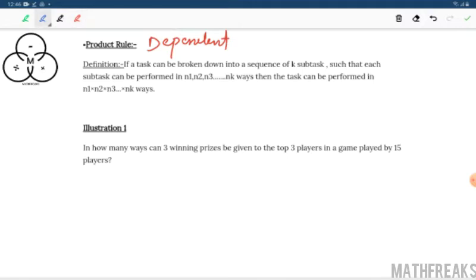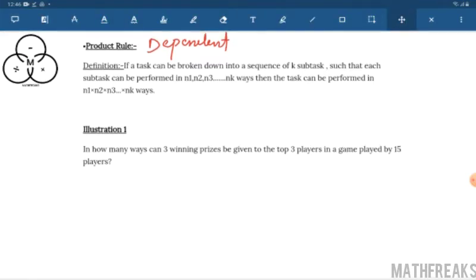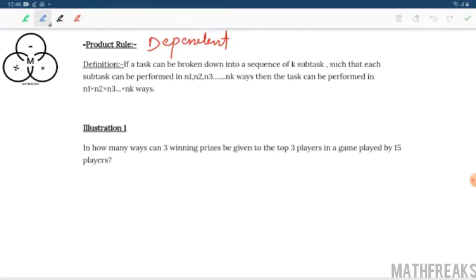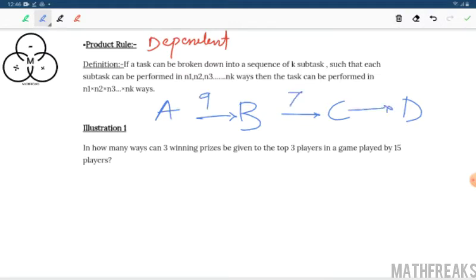Let us go with the same example, from city A to city D, but this time the route is different. First from A to B, then from B to C, and then from C to D. Here we have 9 ways, 7 ways, and suppose 14 ways. In this case the cases are dependent, because first we have to perform one task, then only we can perform the next, and then only the next.